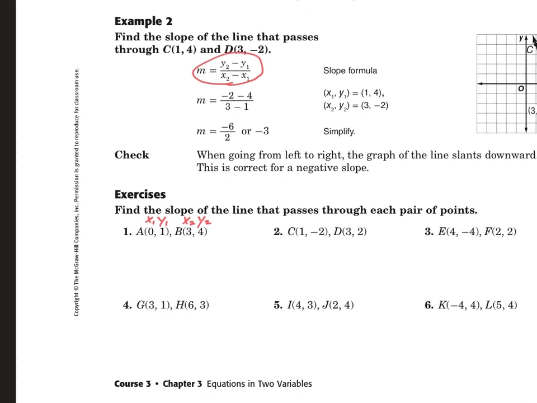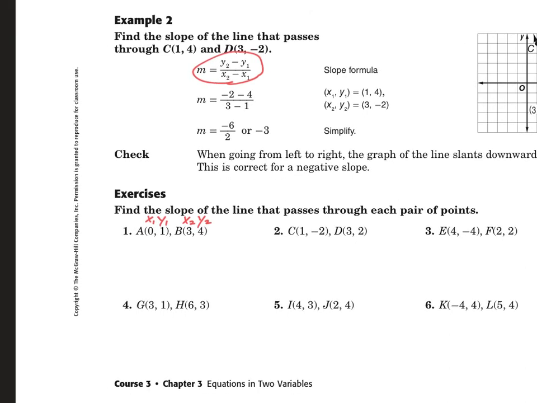And then I set up my equation. M is our variable that we use for slope, so slope, which is M, is equal to y2 minus y1 over x2 minus x1. So now I just take my values. So I'm going to say slope M is y2 minus y1, so 4 minus 1.